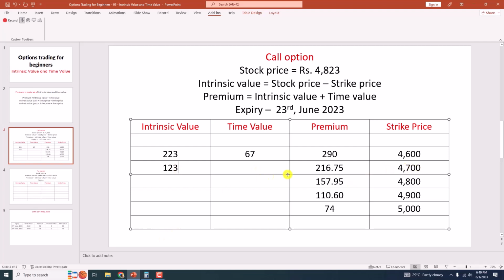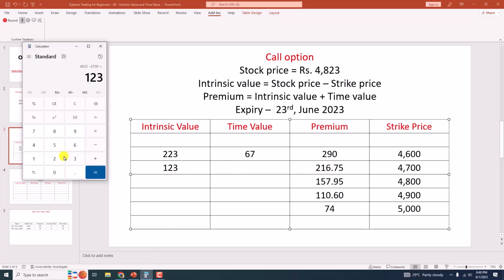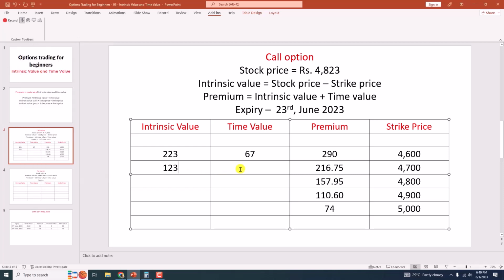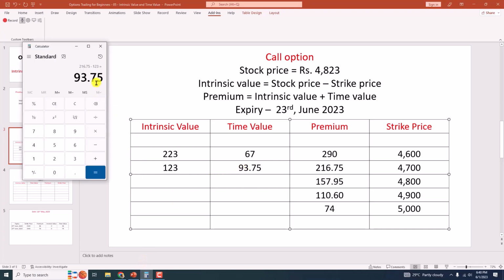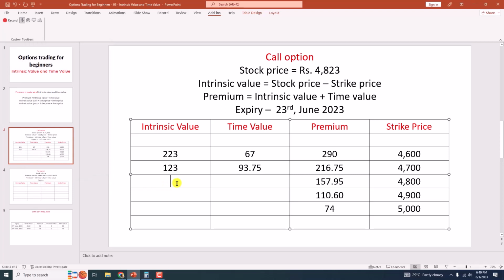Now this is the premium, so this minus this will give me time value. 216.75 minus 123 is equal to 93.75. Next, let me calculate for 4800. 4823 minus 4800 is equal to 23, so 23 is the intrinsic value.